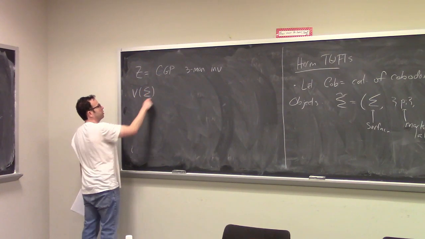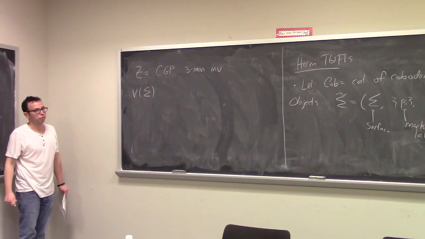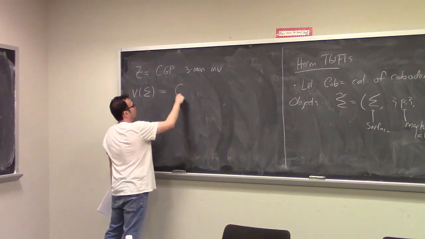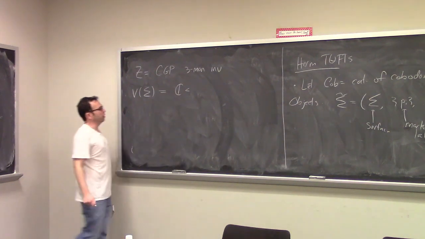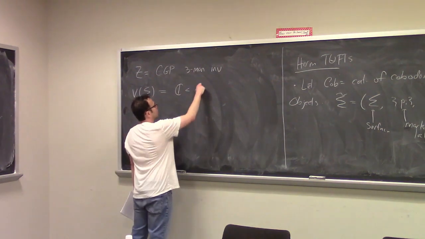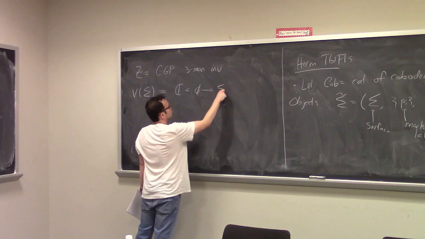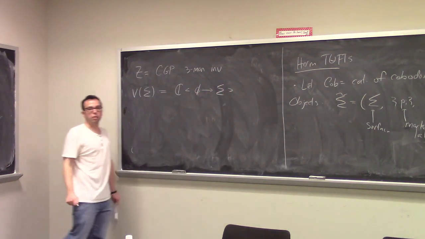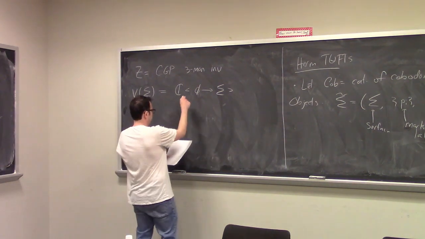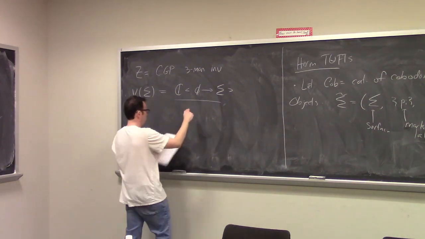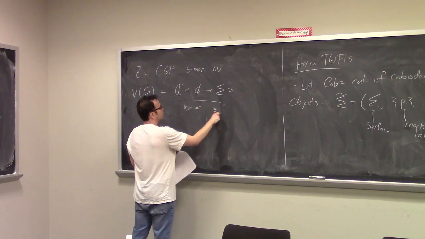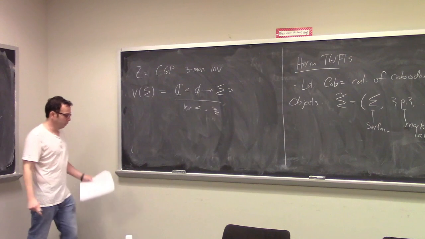Now I want to define the state space associated to a surface, and we saw this in the last two talks. First we start with this infinite dimensional space of all cobordisms from the empty manifold into your surface sigma. This is some gigantic space, and then we mod out by the kernel of some bilinear form, which again we saw in the previous talks.